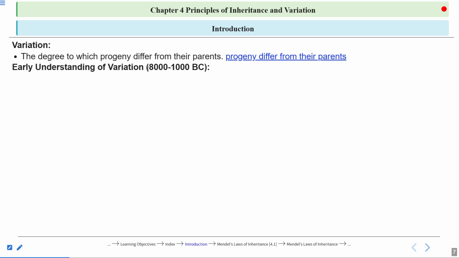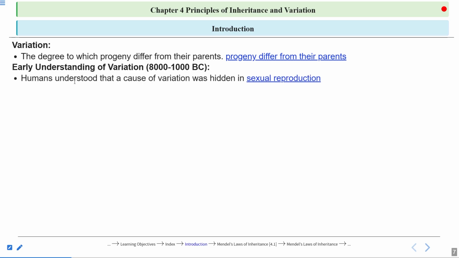Okay. Now let's talk about the period 8000 to 1000 BC. Humans understood that the cause of variation was hidden in sexual reproduction. So our ancestors, the early humans, had the knowledge that these variations in the progeny occur due to sexual reproduction, but they didn't know the mechanism of how these variations occur.